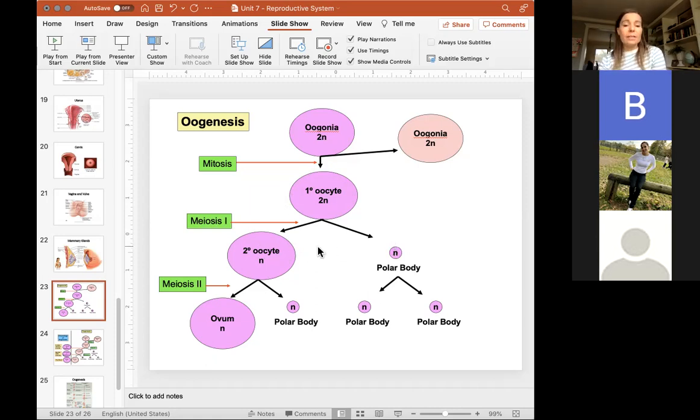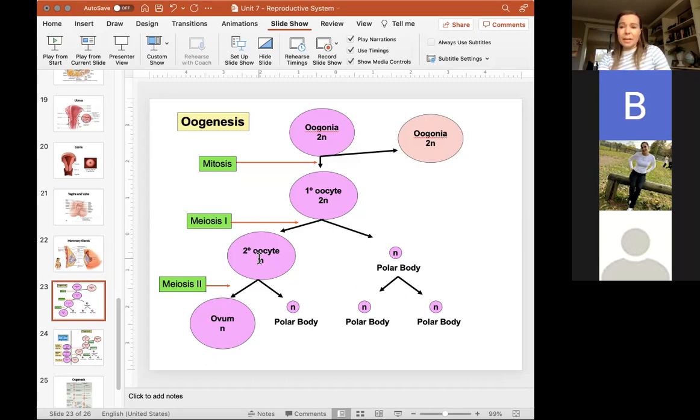Both of these cells are haploid. So remember, during that first division of meiosis, the number of chromosomes is cut in half. So you go from a diploid cell to 2 haploid cells. That's always the case for meiosis 1. You always go from diploid to haploid with that division.